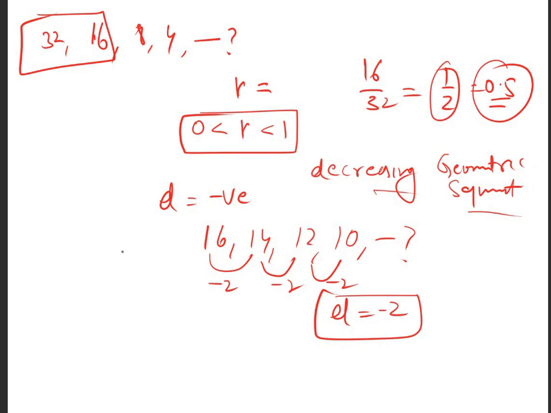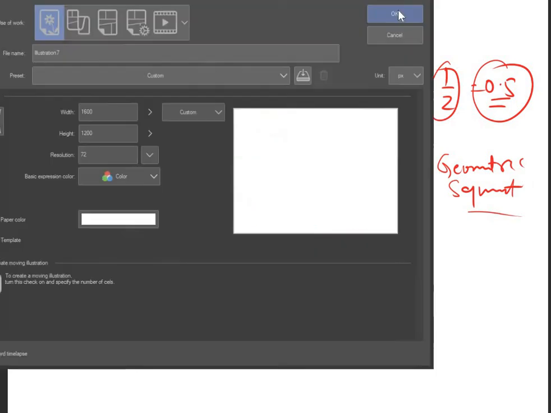Now, how does the graph look for a geometric sequence? If your r, common ratio, is greater than 1, that means any number more than 1, the graph will look like this, a parabolic graph going upwards.